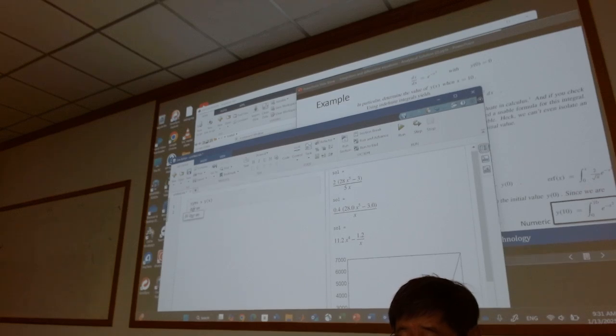dy equal to diff, solution equal to dsolve, dy equal to exp minus 2x squared.